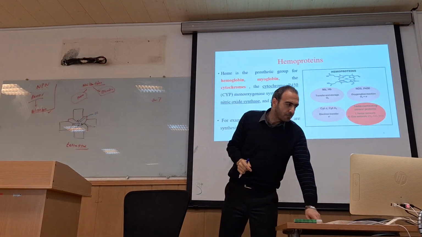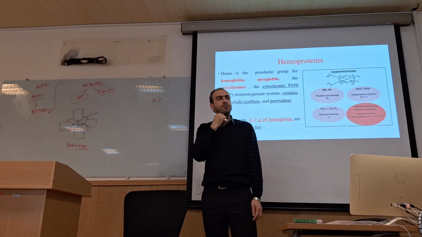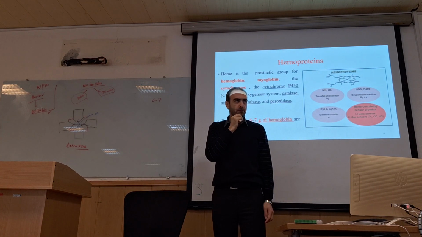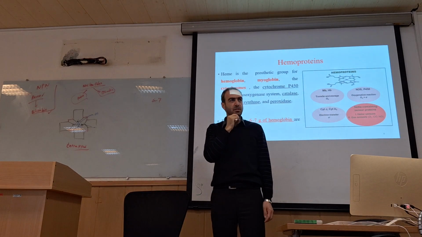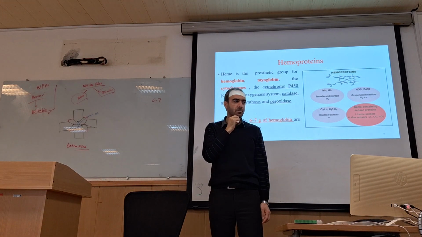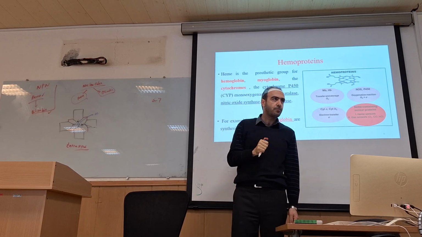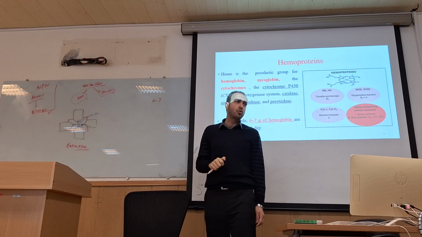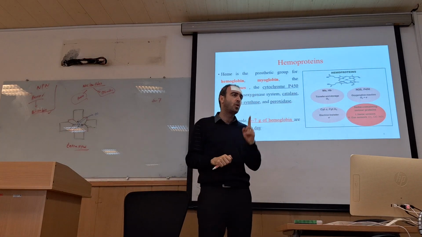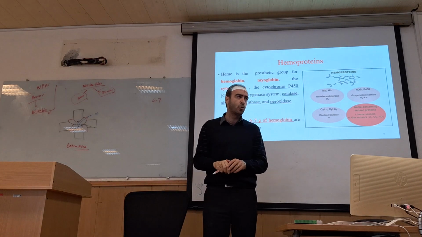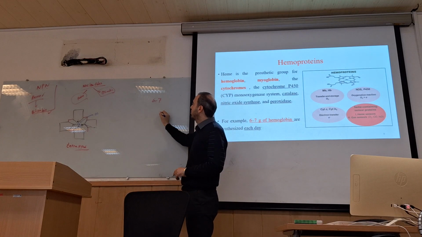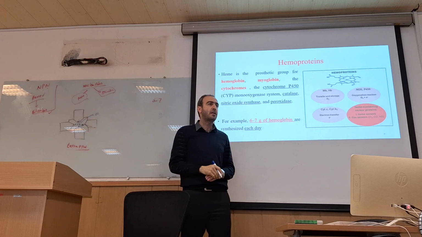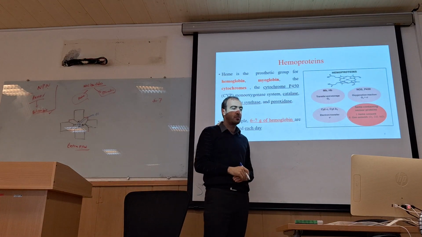Because it can bond with 6 different atoms. Each heme can bind one oxygen molecule, and hemoglobin consists of 4 heme groups, so it can transport 4 oxygen.